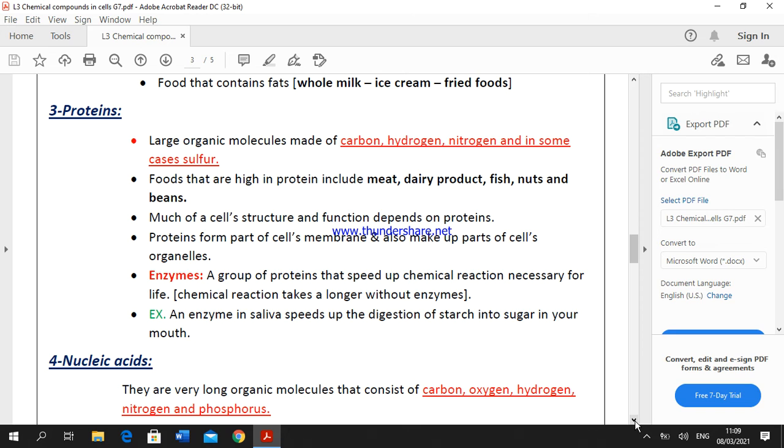Its function is to change starch into sugar, because saliva contains many enzymes that speed up the digestion of starch into sugar in our mouth.